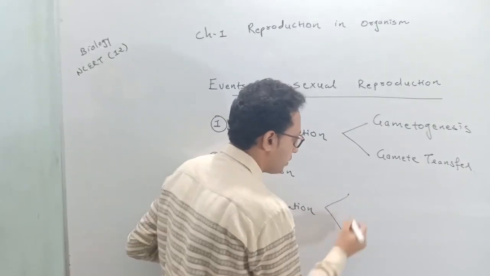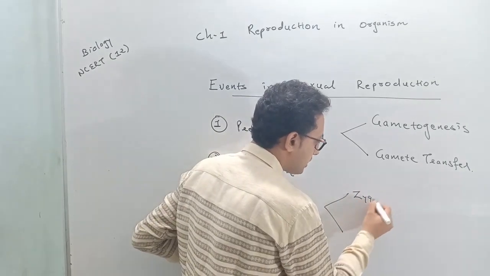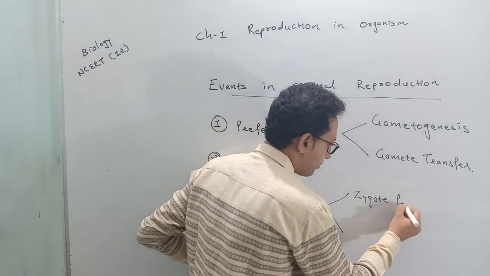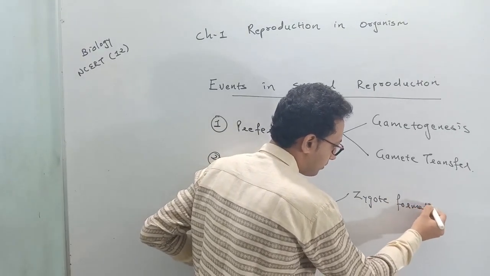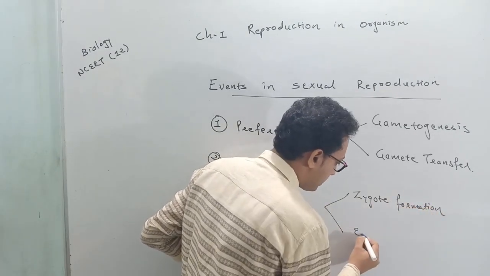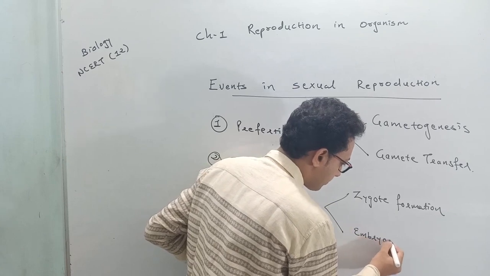Post-fertilization includes two events. First is called zygote formation and the second one is embryogenesis.